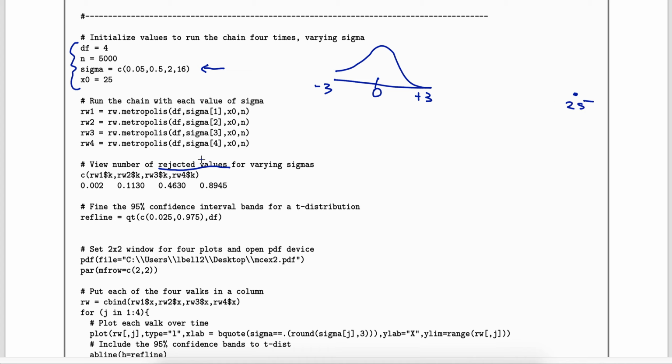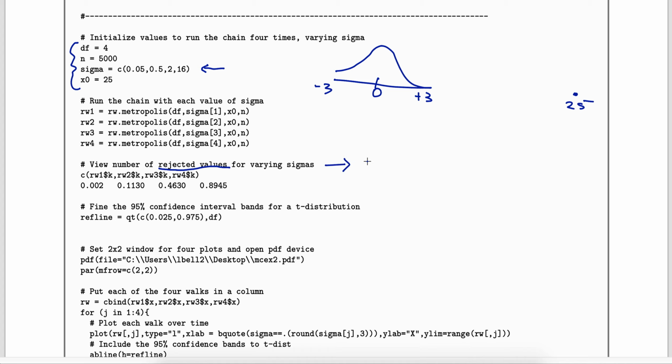I'm not going to reject those. Versus up here, I'm rejecting almost 90% of them. Because I might get here quickly, but once I'm here, I'm going to be able to generate wild values really far from here that won't be any better than where I currently am. So I'm going to reject a lot of those. So we have that range here.